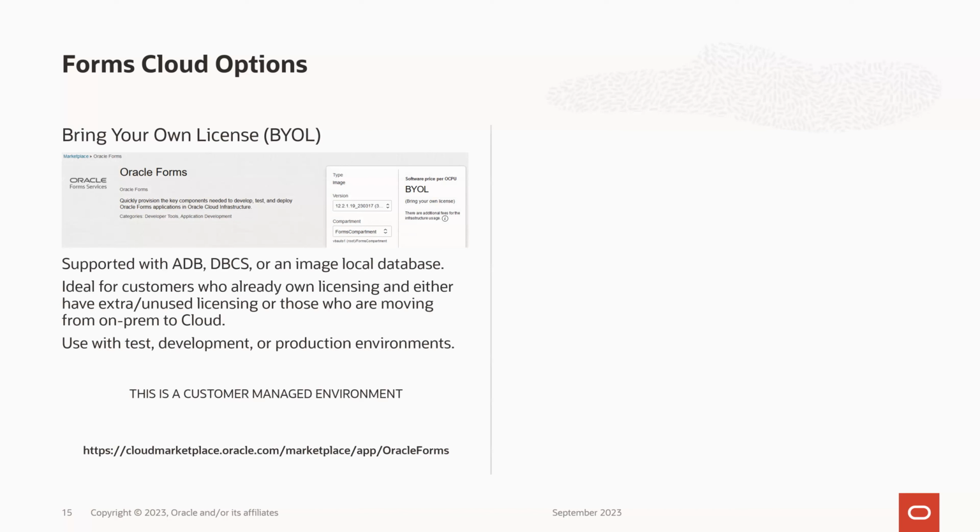This one that I have up on the screen right now is an image of the bring your own license option. And kind of as the name suggests, it is intended for those customers who already have licensing and potentially want to transition from on-prem to cloud. You'll stop using your existing license on-prem and you'll transition to using it on cloud.